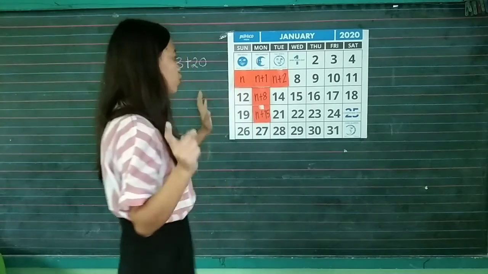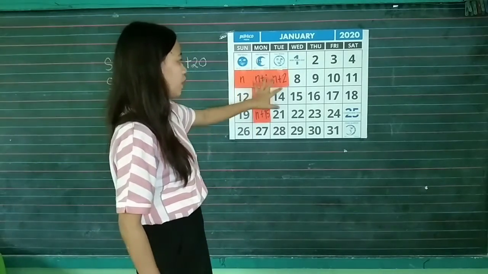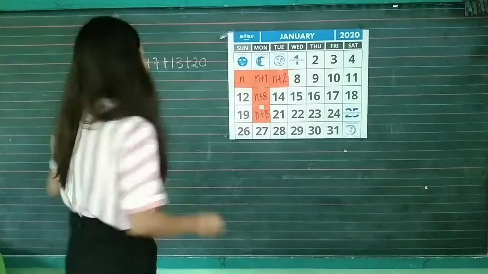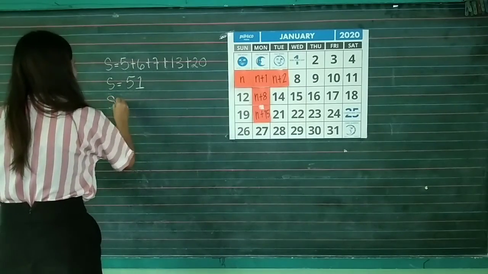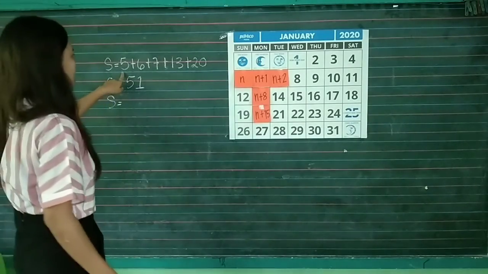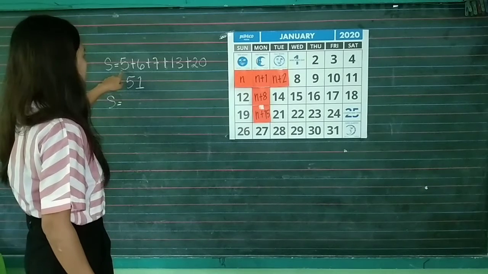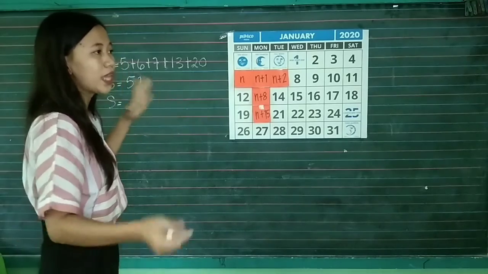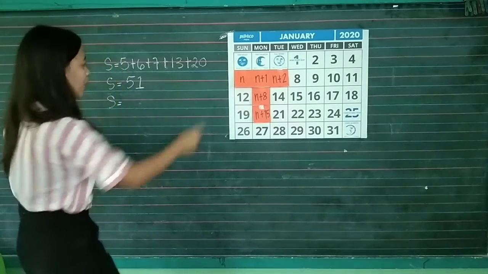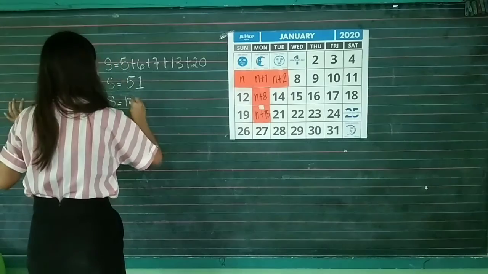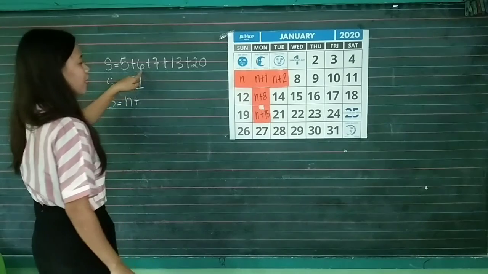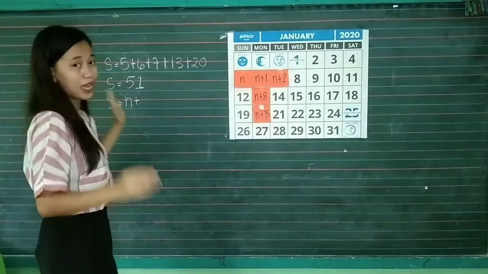So let's check using these equations if we can get the same answer. Our S is equal to, what letter did we use for 5? We have n. And next, what equation did we use for 6?